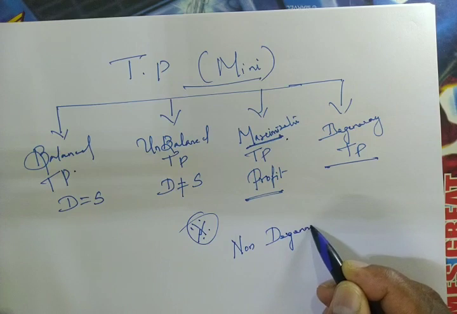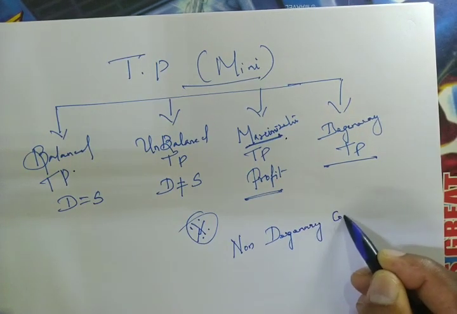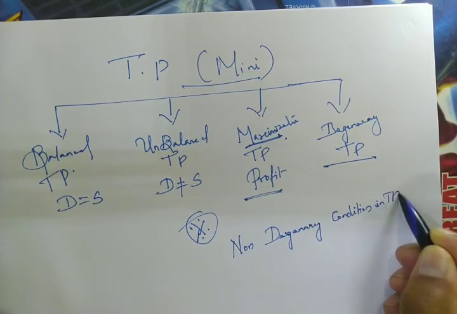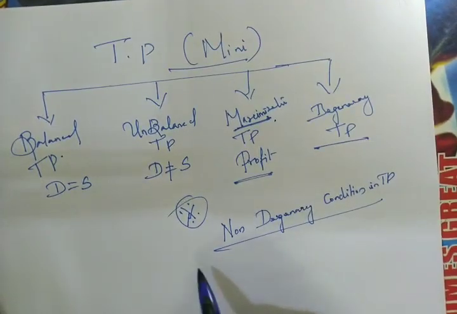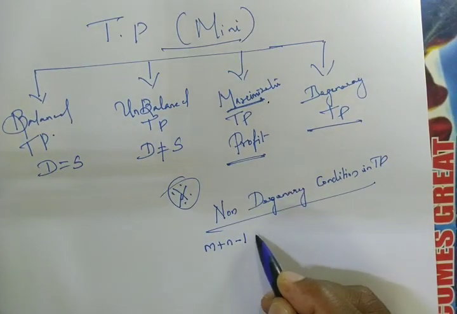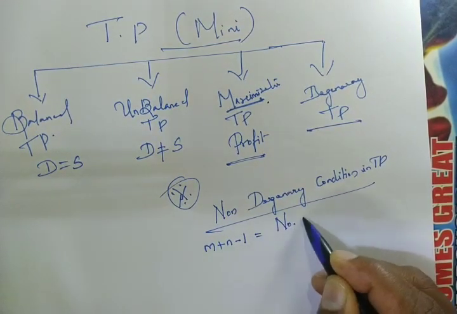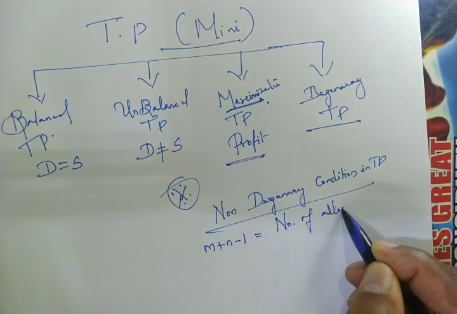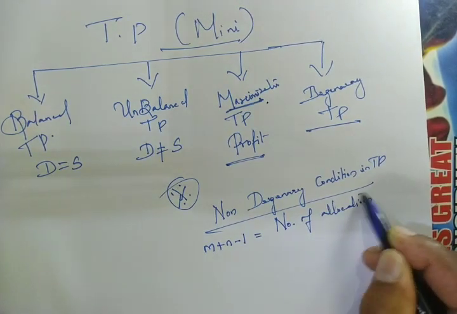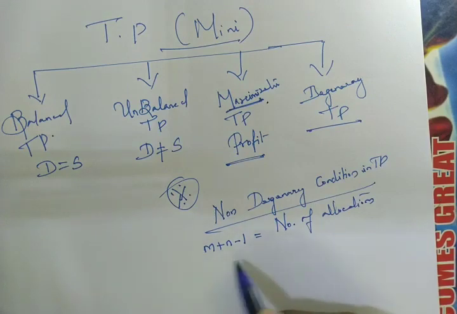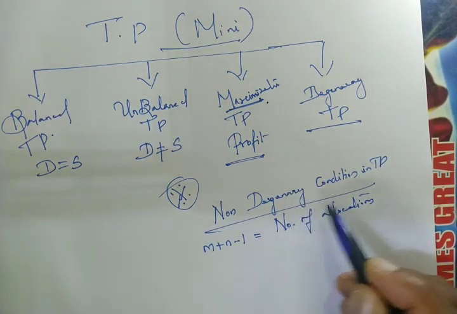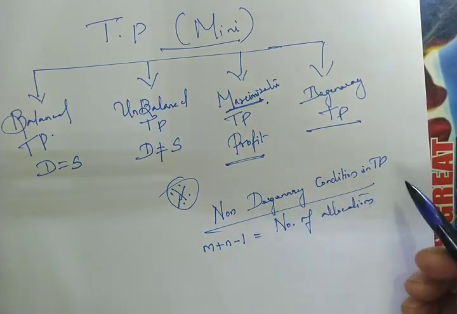Non-degeneracy condition in TP: m plus n minus 1 equal to the number of allocations. If it satisfies this condition only, you can say that the given TP is a non-degeneracy TP.